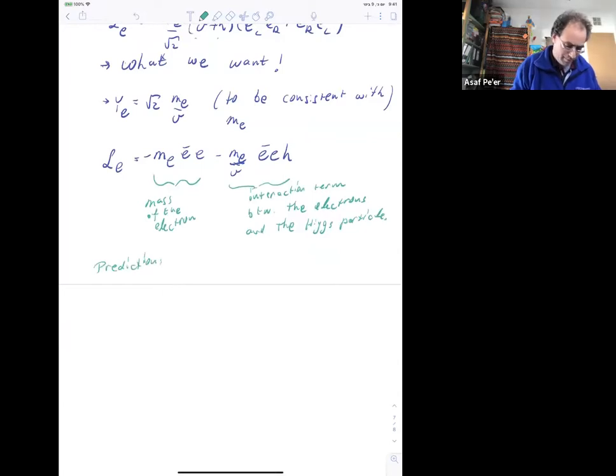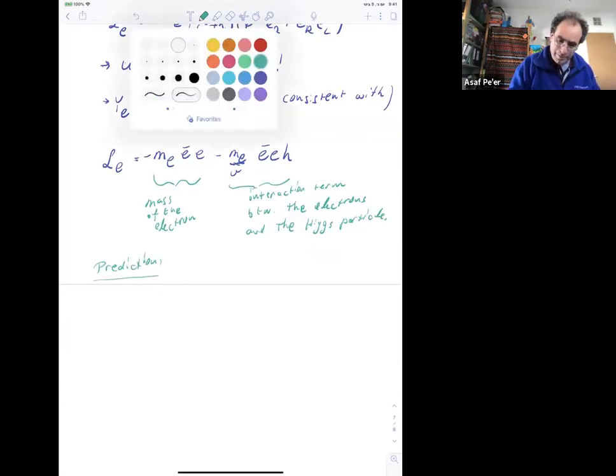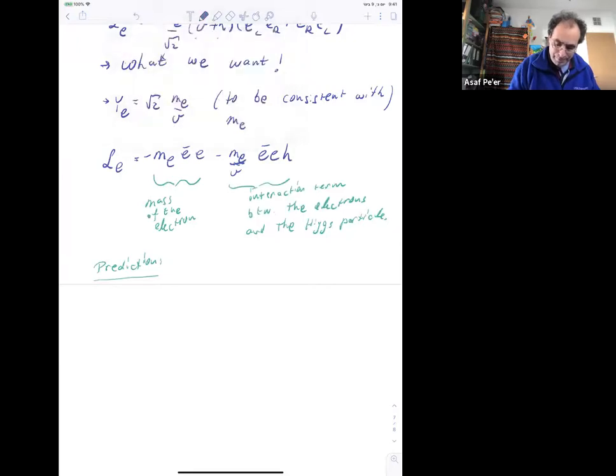All massive particles are coupled to the Higgs.